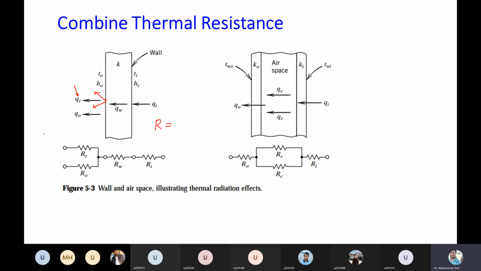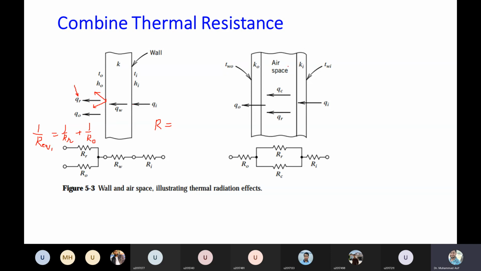The equivalent resistance is given by 1 over R equivalent equals 1 over R_r plus 1 over R_o. Once you calculate R equivalent, you can add up all three resistances and calculate the overall resistance.